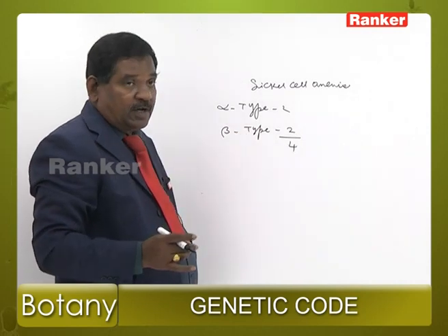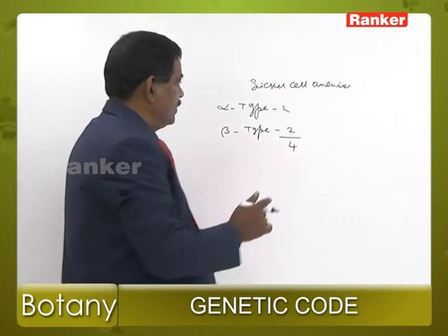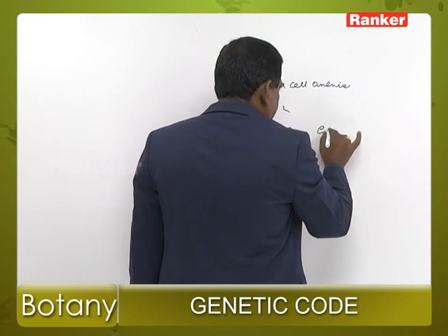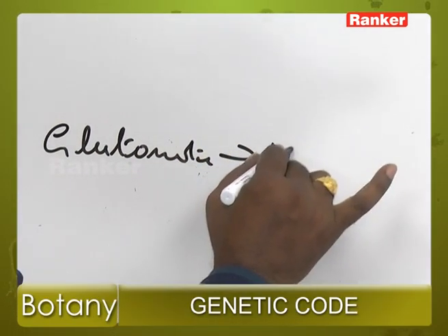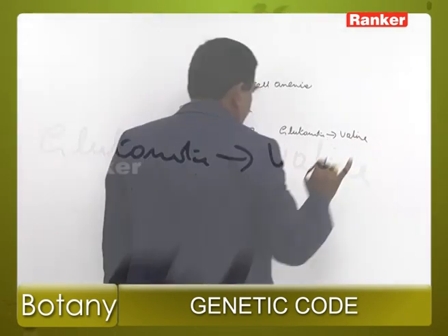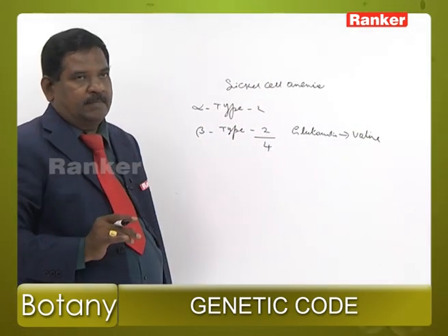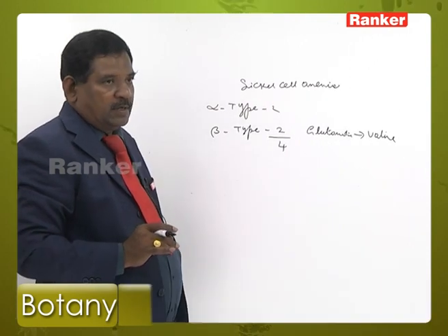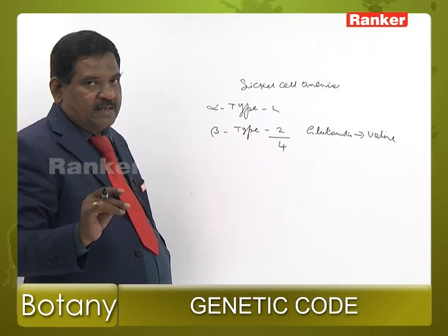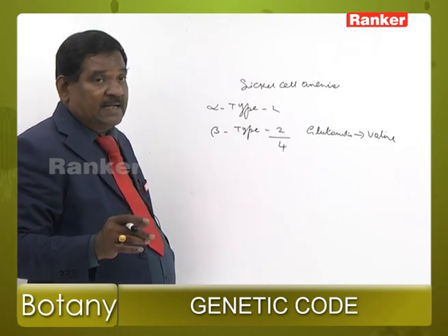In the beta type, beta globin, glutamate changes into valine. Glutamate changes into valine in the beta type, and that causes sickle cell anemia.